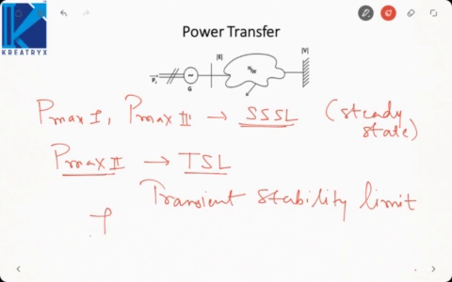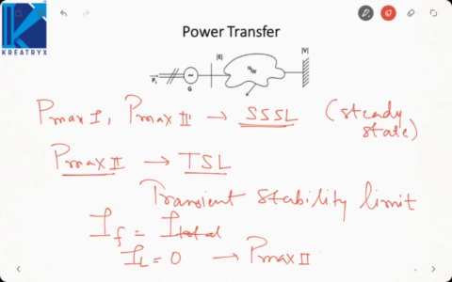If I fault is equal to I total, that means load current is 0. So P max 2 will be reduced to 0 because no power will be transferred from source to load. The entire power will be going into the fault. Okay, so remember the terms steady state stability limit and transient stability limit.